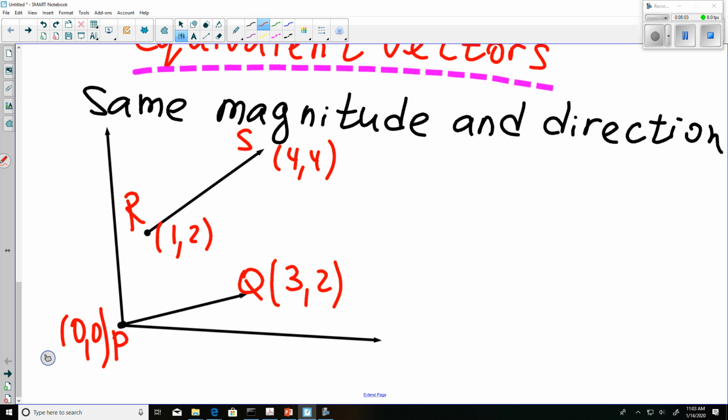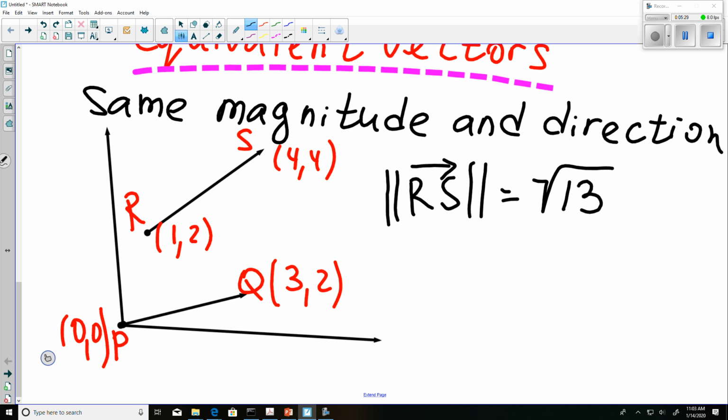Two steps. Find the magnitude first and find the direction. Magnitude is pretty simple. We will just use the distance formula. So the magnitude of RS. Can anyone tell me the number? Root 13. Very good. 4 minus 1, that's 3 squared, plus 4 minus 2, that's 2 squared, and that will be root 13.